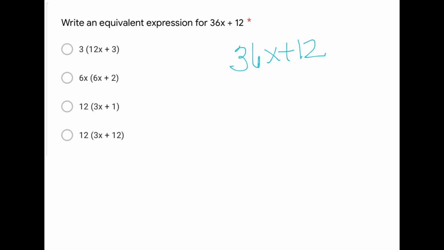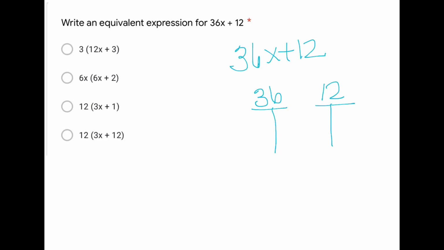We're dividing by our GCF. So we do our T-charts for 36 and for 12, and whatever our greatest common factor is, that is what we divide them by.